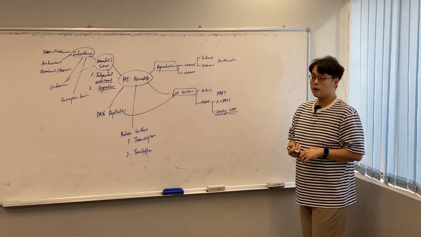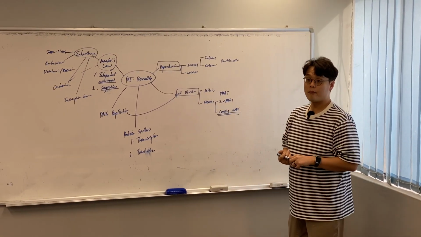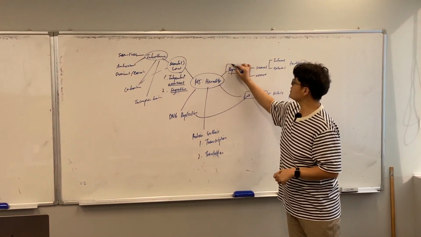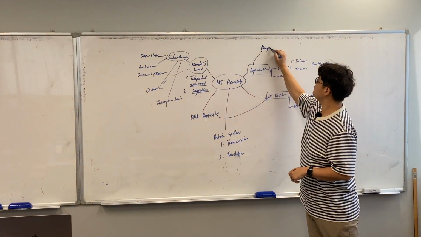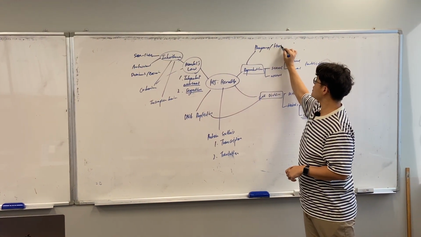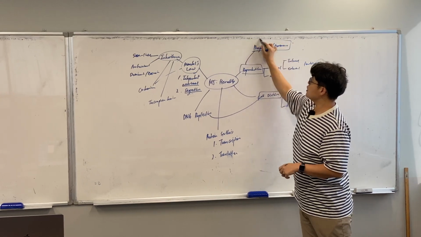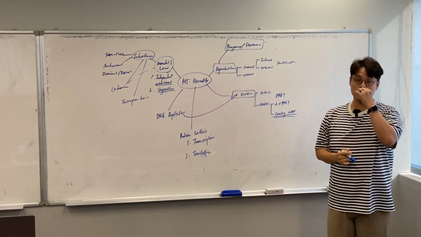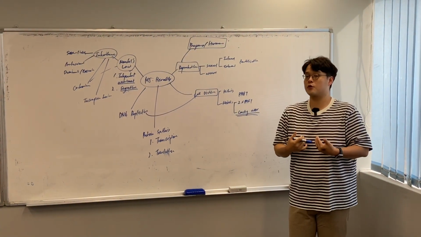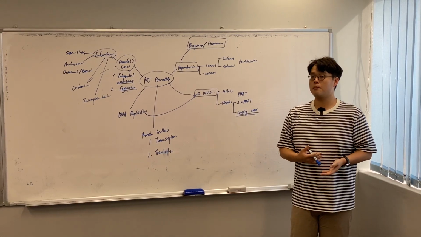Am I missing anything? Oh, right. Pregnancy and the hormone systems too. Yes, I've been asking you about the hormone system. Not only the hormones during pregnancy, but what happens in menstrual cycles.